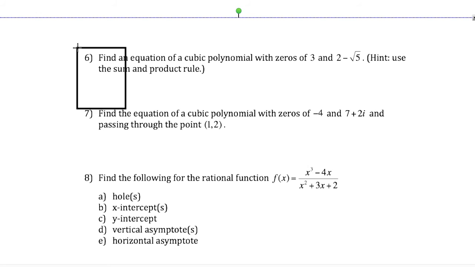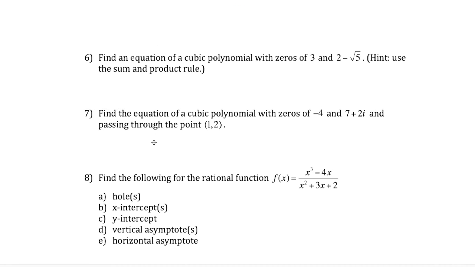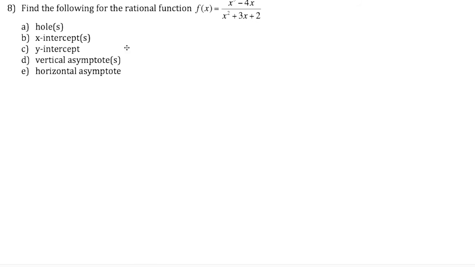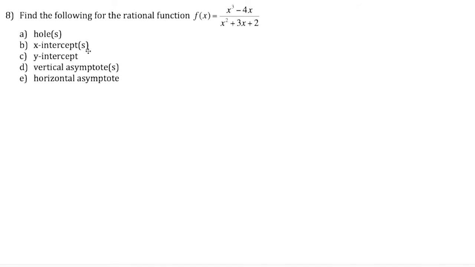All right, and finally, on this next page, let's just do number 8. Do this on the last page here. Okay, so first off, when we have a problem like this, we want to factor.